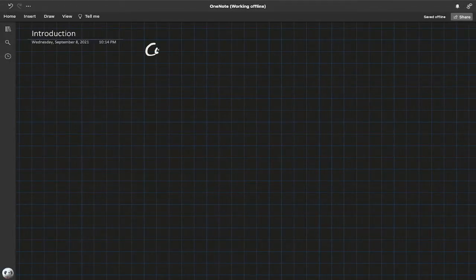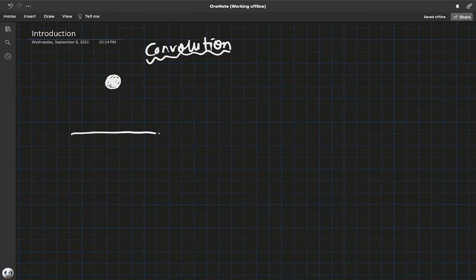So the concept we're going to discuss is convolution. And let me start off with a good analogy, a good example. Assuming you have some ball, you drop it from a fixed height on the ground, and when you do that, it displaces, and we're restricting the motion to one dimension.